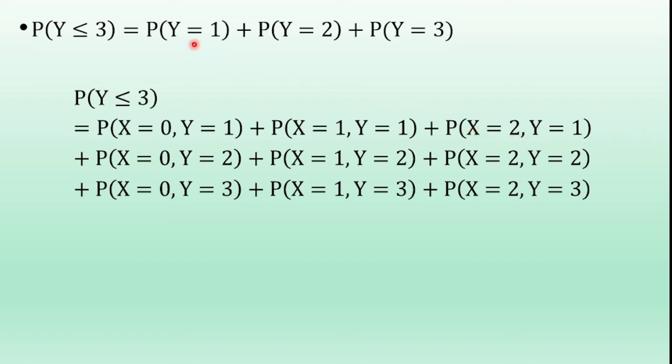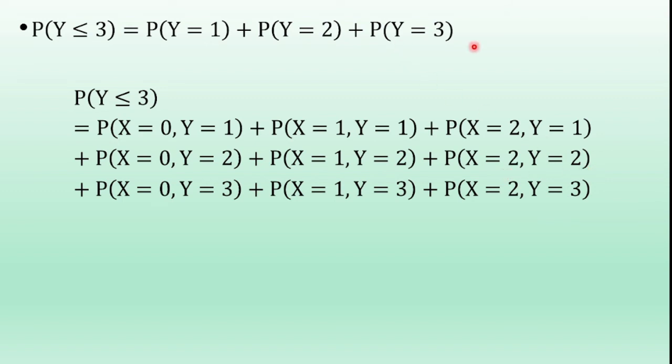Then the second term, P of y is equal to 2, means x is 0 to 2 and y is equal to 2. That is P of x is equal to 0, y is equal to 2, plus P of x is equal to 1, y is equal to 2, plus P of x is equal to 2, y is equal to 2.